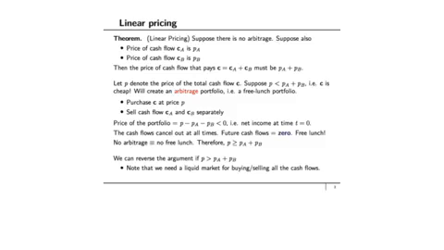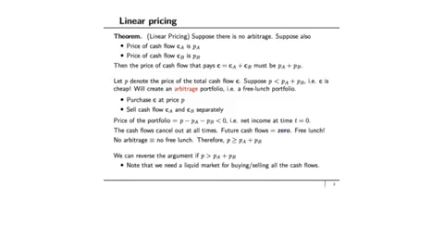In order to price this instrument correctly, we have to use this idea called linear pricing. Linear pricing is a result that allows you to combine prices for different cash flows. Here's what this theorem says. Suppose there is no arbitrage in the market, and suppose there are two different cash flows, CA, which has a price PA, and a cash flow CB, which has a price PB.